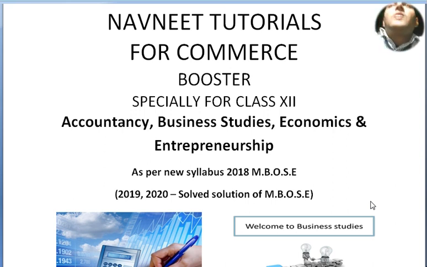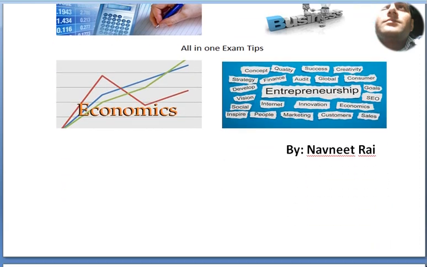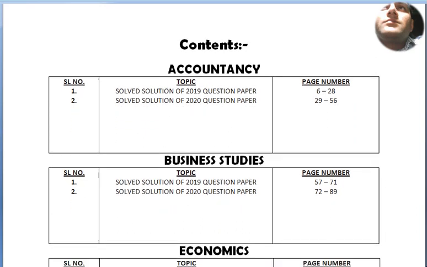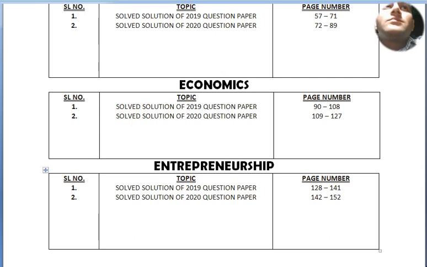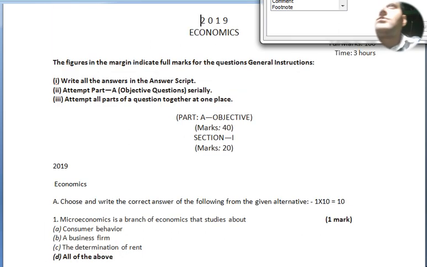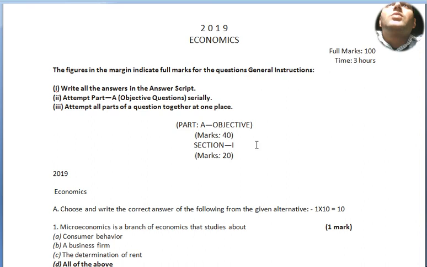Now let's move to our page number 90. This is the 2019 question paper of economics for commerce.